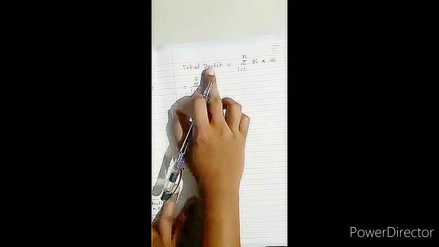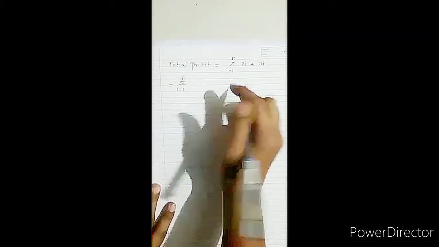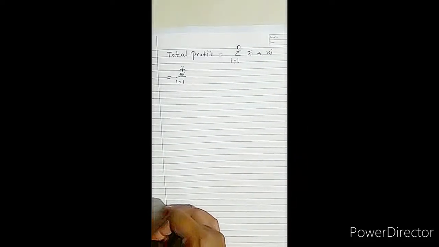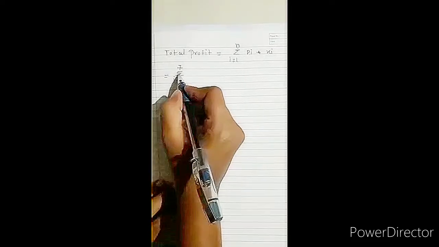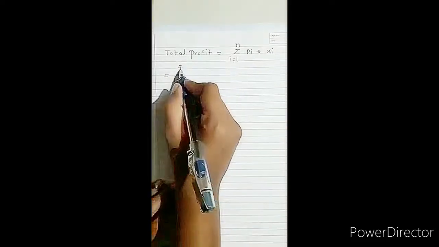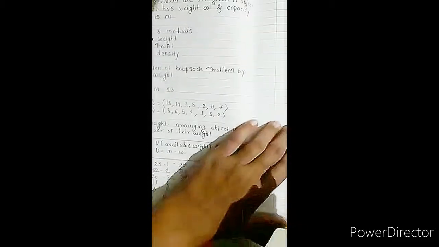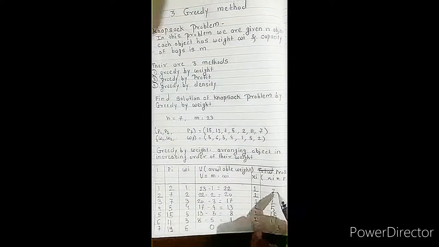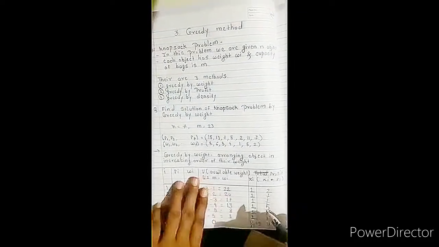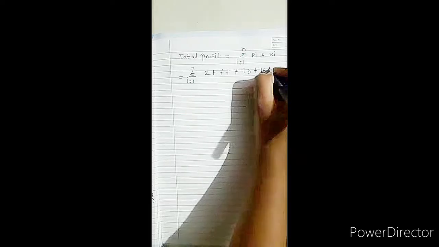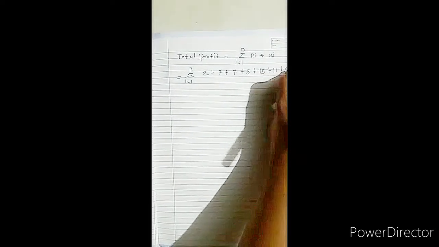And last we calculate the total profit. Here the total profit formula is the summation from i equal to 1 to n of pi into xi. Here n is 7 because we are given 7 objects. So for pi into xi, we take the summation of that column: 2 plus 7 plus 7 plus 5 plus 15 plus 11 plus 9.5.